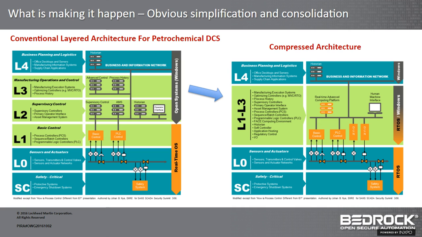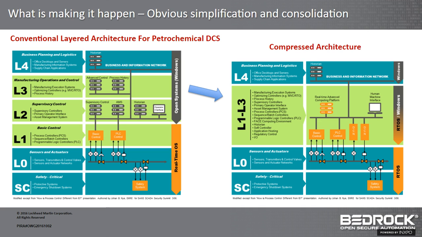So let's go to the next slide. What's making it happen is obvious simplification and consolidation. These two graphics are from ExxonMobil. Their open process automation efforts bring simplification to automation.